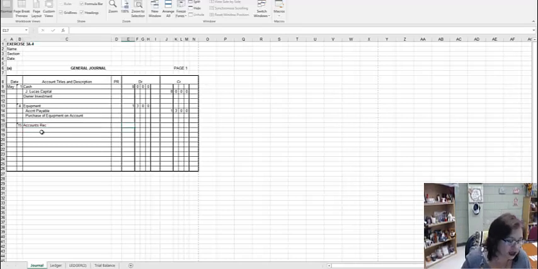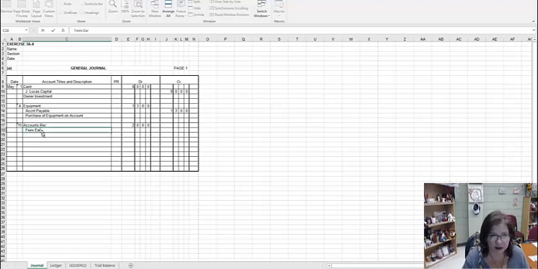You're going to debit it, and she got $2,000. And then the other account, of course, is going to be fees earned. You're going to credit that for $2,000.